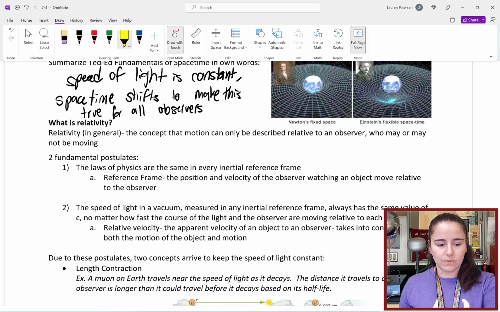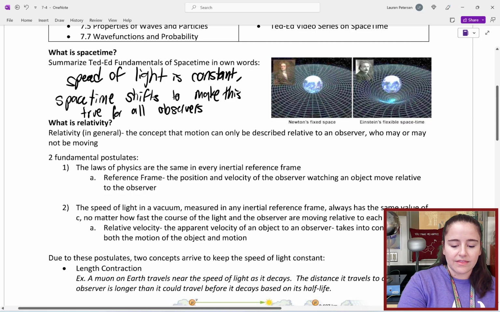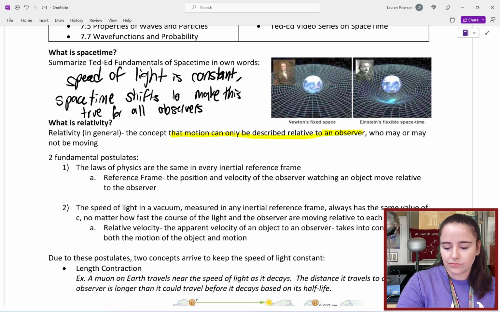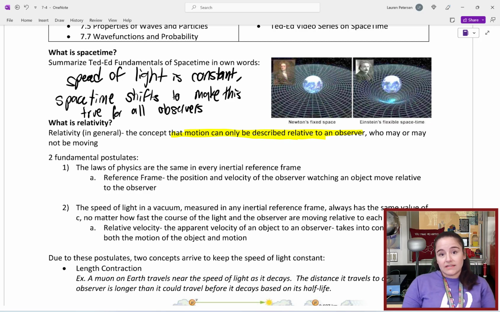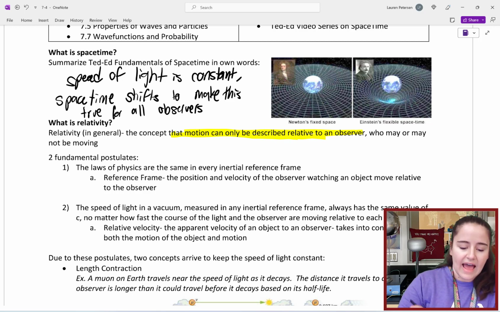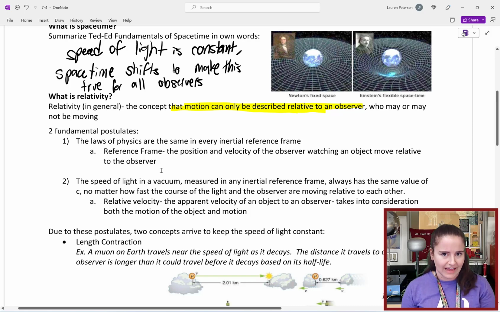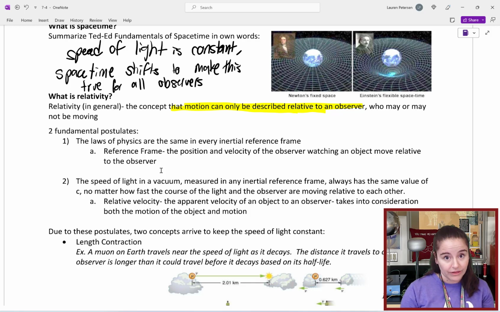When we talk about relativity, this is the idea that motion can only be described relative to an observer. We need to have some reference frame for it. And then the fundamentals of relativity are that the laws of physics should be the same no matter whose reference frame you are looking through.